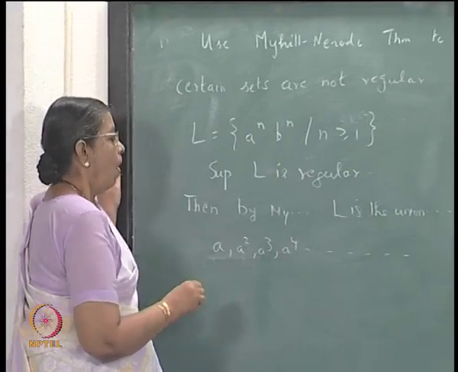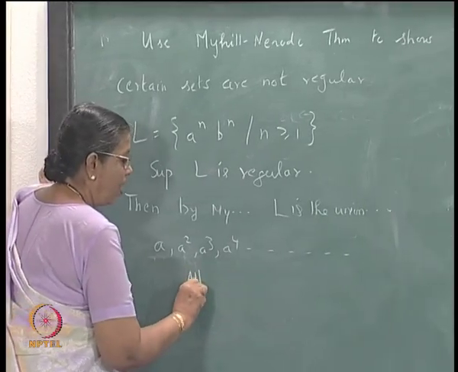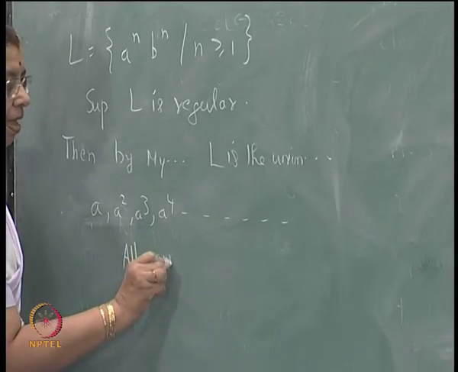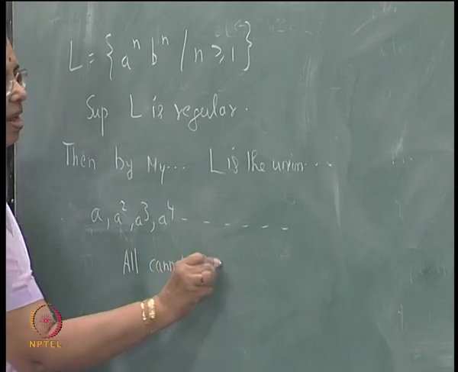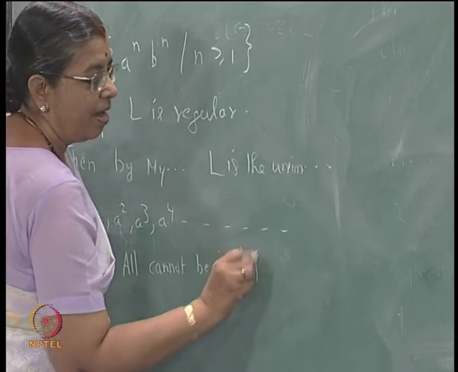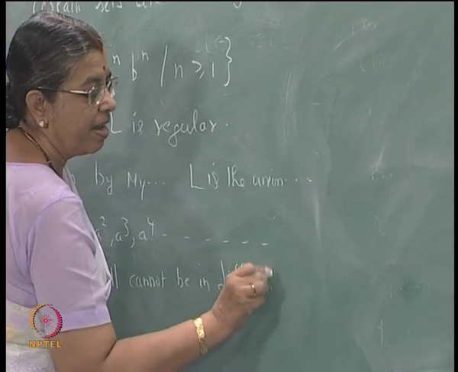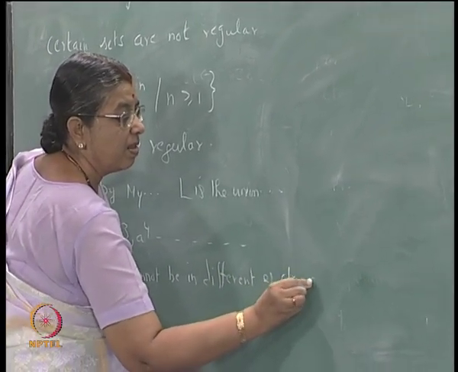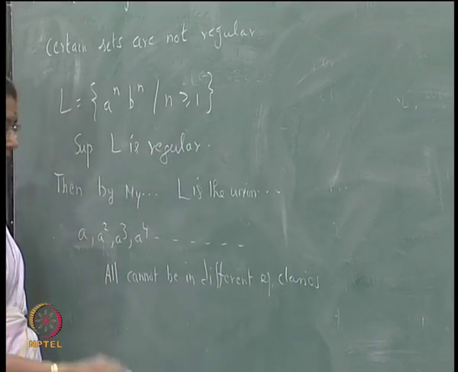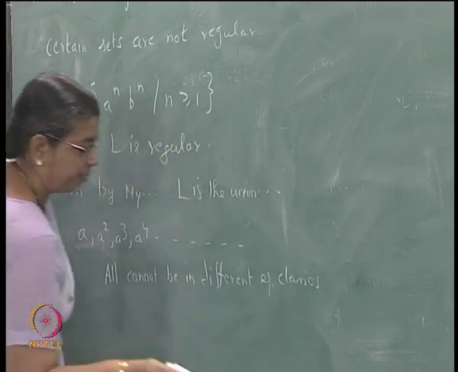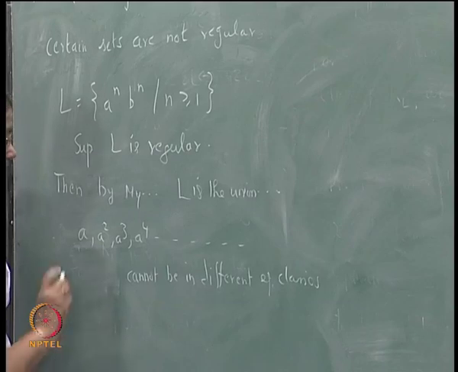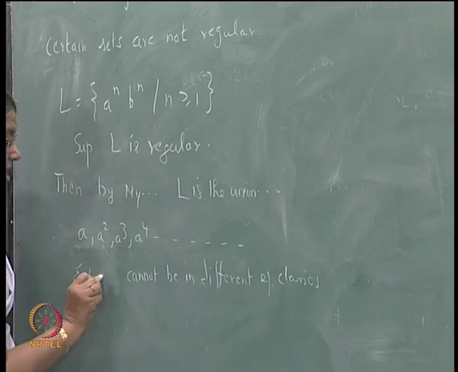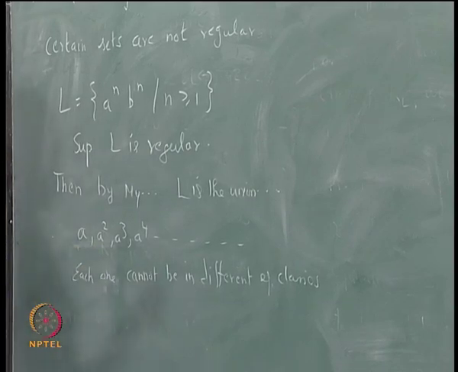So, all cannot be in different equivalence classes. That is, each one cannot be in a different equivalence class.